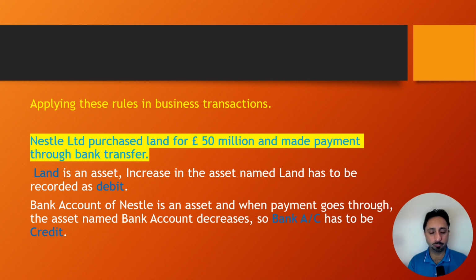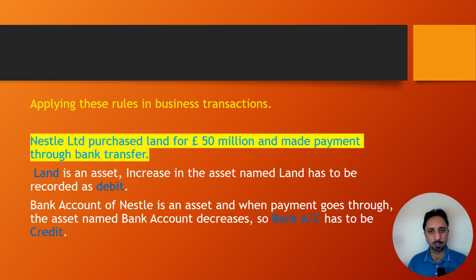So to develop your further understanding about recording business transactions and applying the following rules, I'm giving you some examples. One example is Nestle Limited purchased land for £50 million and made payment through bank transfer. Now land is an asset, and increase in the asset named land has to be recorded as debit entry.